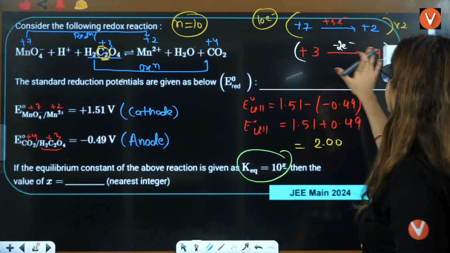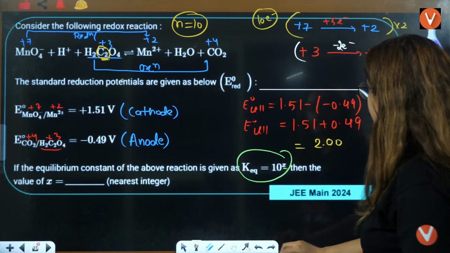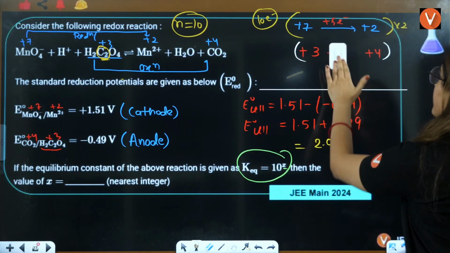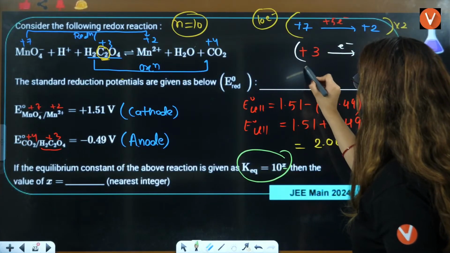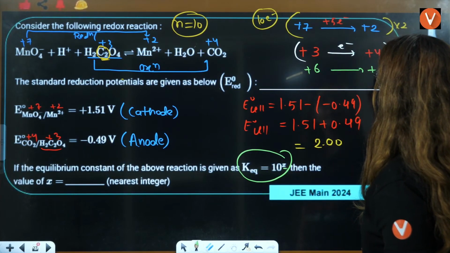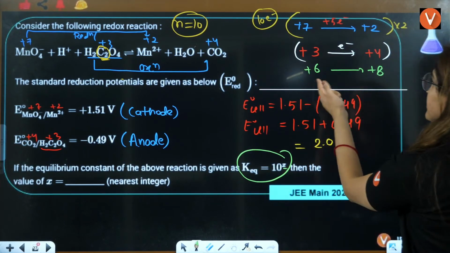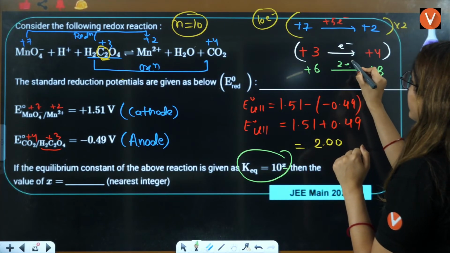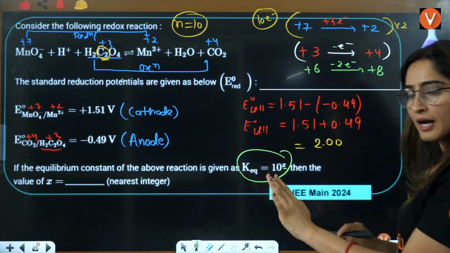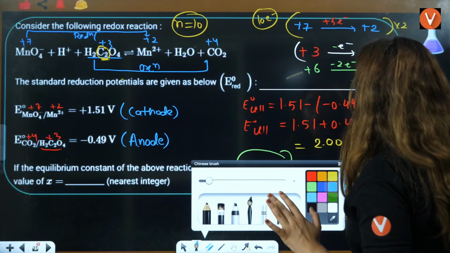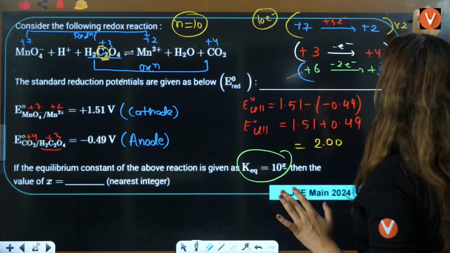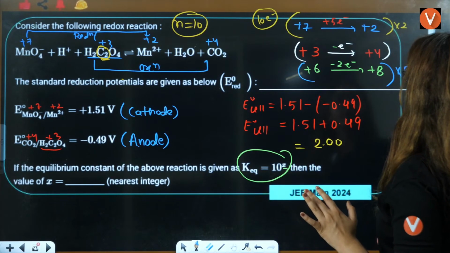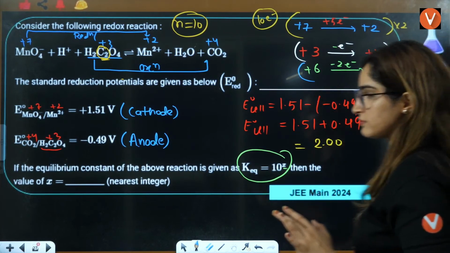Because if this is the idea for 1 carbon, then for 2 carbon, this will become plus 6, this will become plus 8, and the difference is 2 electrons. So it is losing 2 electrons. Understood? So now this is 5, this is 2. That's why I multiplied it by 2 and by 5. That's how n became 10.